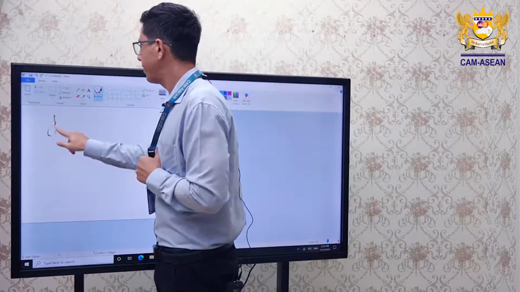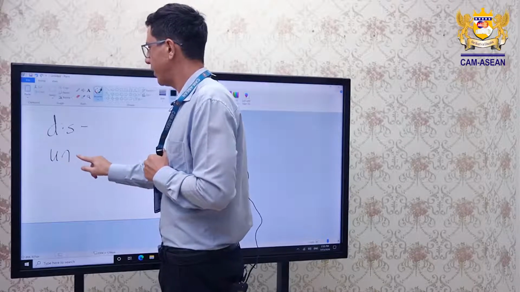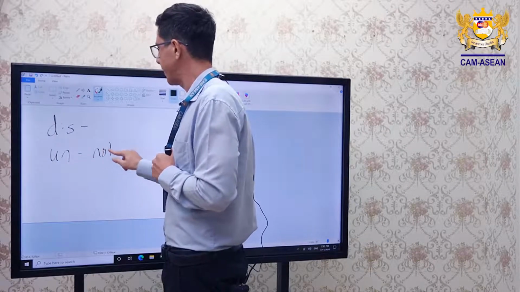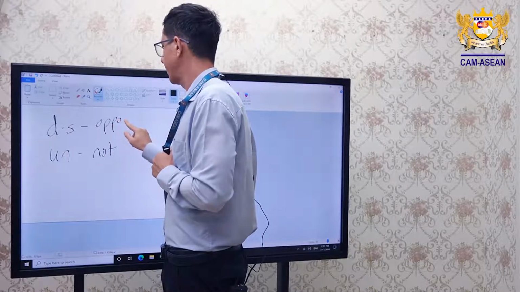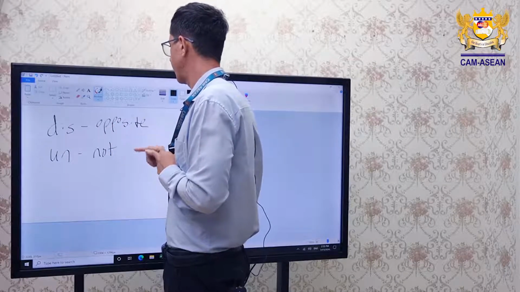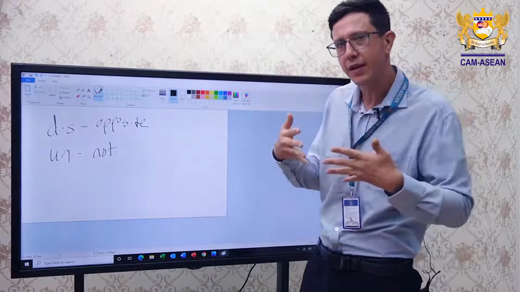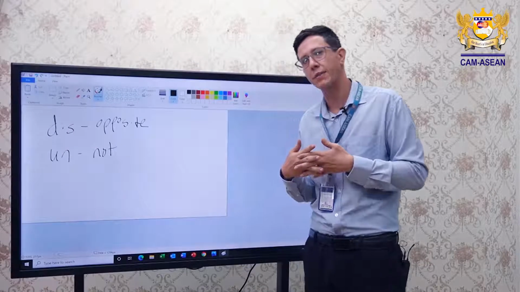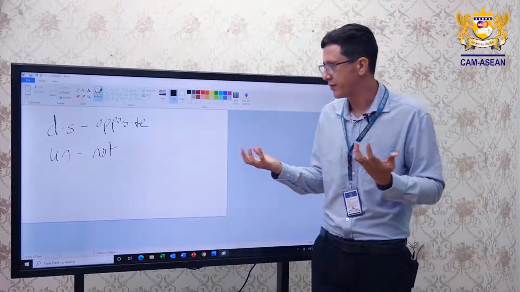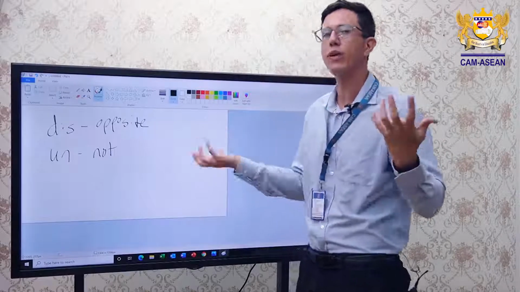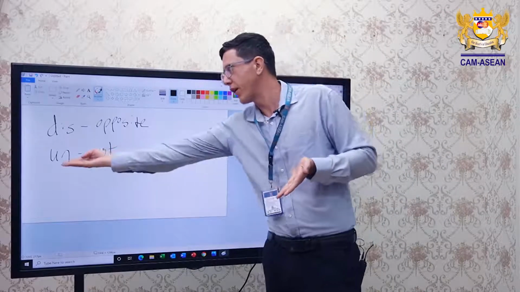So we have some prefixes that are very similar. So un is not, dis is opposite. Okay? Now, they can be similar in meaning depending on what I'm talking about, okay? But we have to be careful. It has to make sense. There's not really any rules for when do I use not or un.